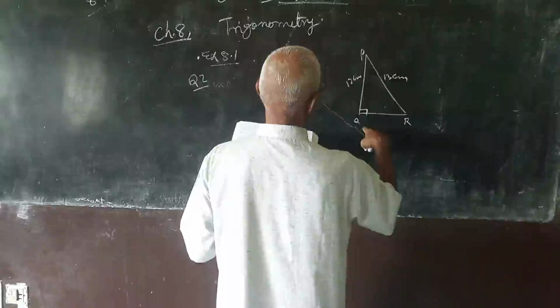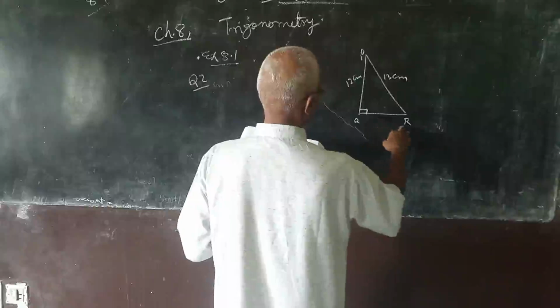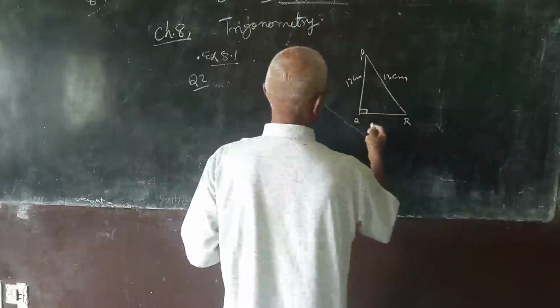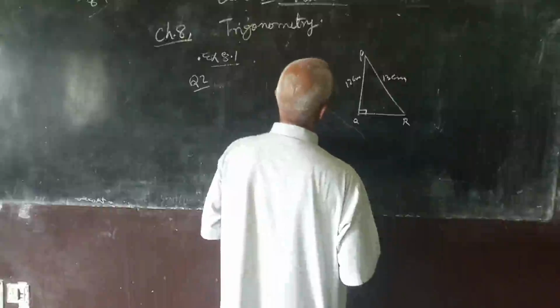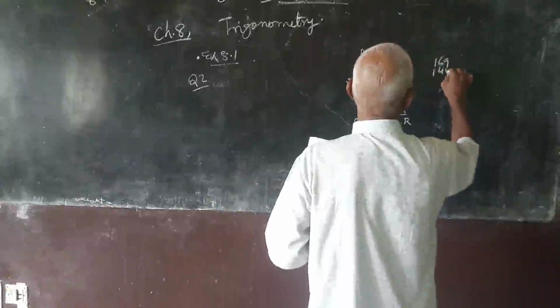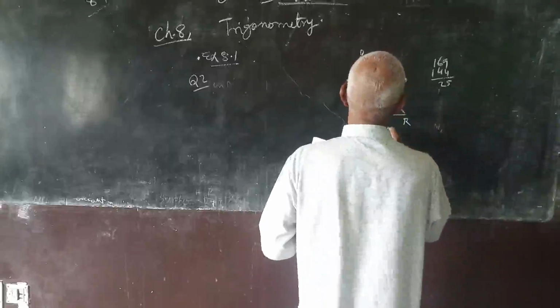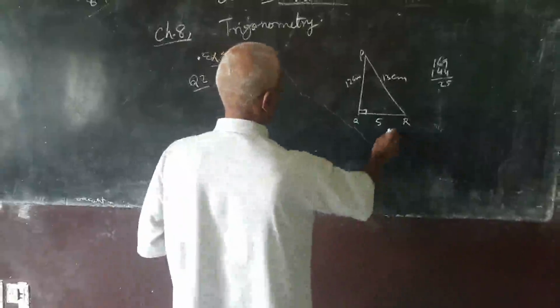Base is not given. So by Pythagoras theorem, QR means base square will be 13 square minus 12 square. 13 square is 169, 12 square is 144. Their difference comes 169 minus 144 is 25, so its square root will be 5 centimeters.